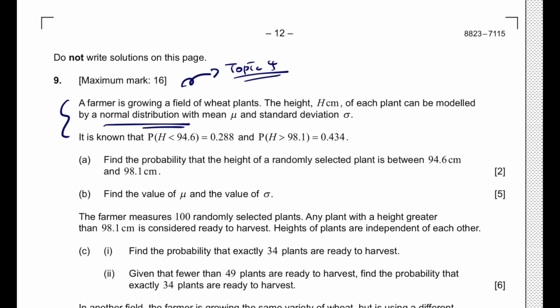And then question A, we need to find the probability that the height of a randomly selected plant is between 94.6 centimeters and 98.1 centimeters. So we do know that P of H less than 94.6 is 0.288 and P of H greater than 98.1 is 0.434.